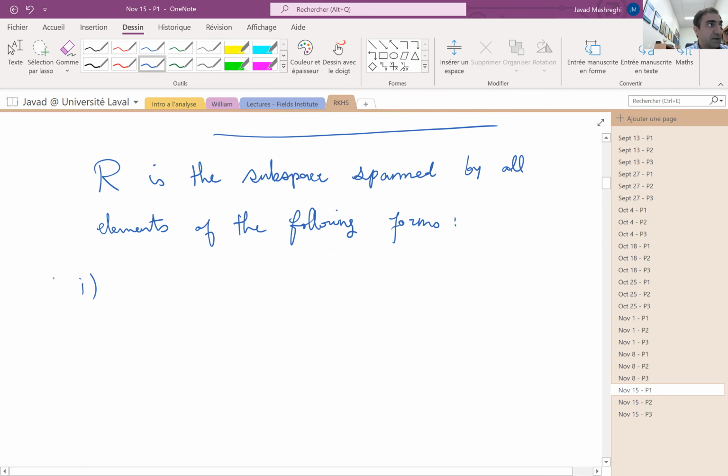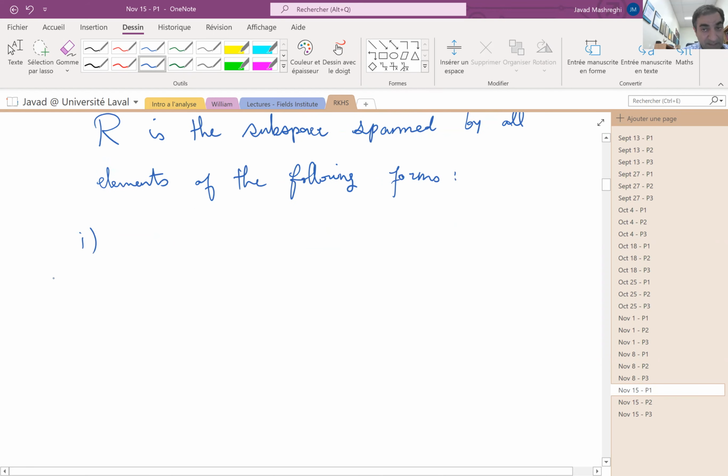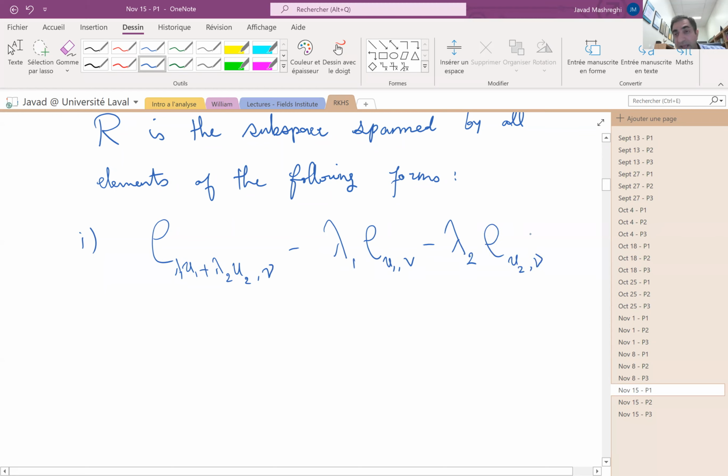First one, look, elements means element of X, any element of this form: E with indices lambda 1 U1 plus lambda 2 U2 and V, minus lambda 1 E U1 V, minus lambda 2 E U2 V. In X, this is a non-zero element.